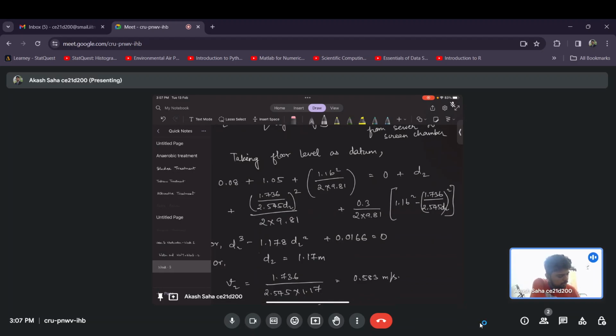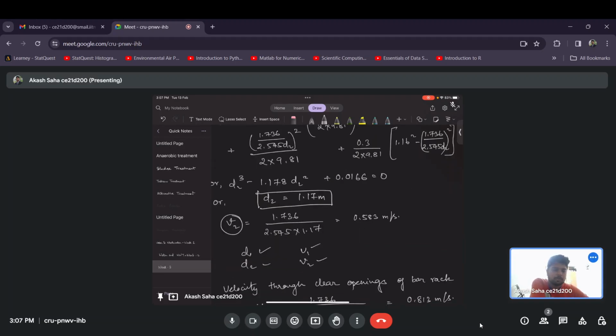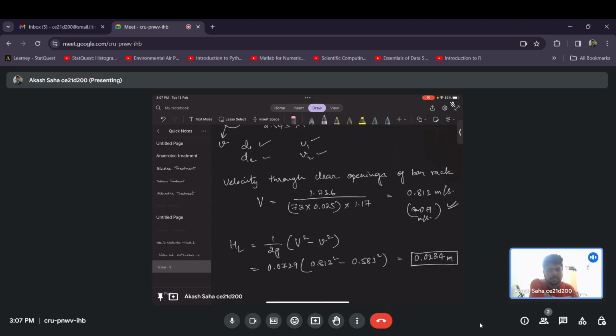My depth of flow in the approach channel is D2, that is 1.17 meter. Once we get the depth of flow in the approach channel, we will find the velocity of flow in the approach channel, which is my small v for the head loss. Now we will find the velocity through the clear opening, which is my capital V. It's very simple.